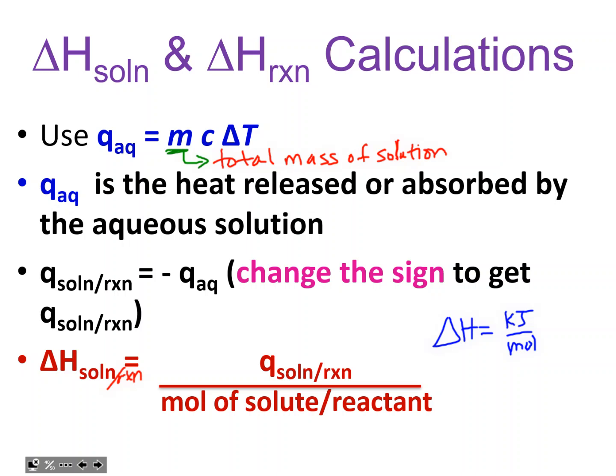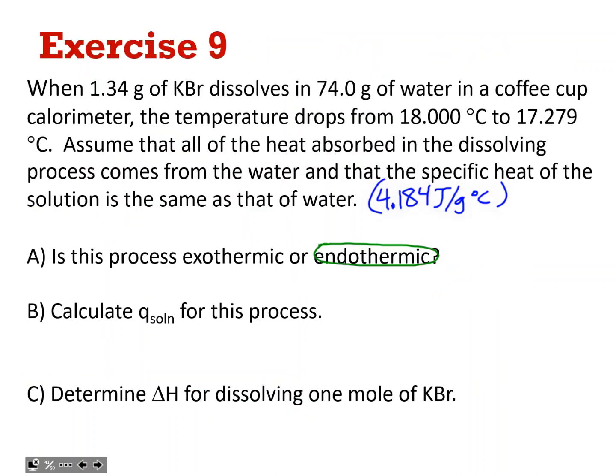So here we have to look at the total mass of the solution. I reference that because here we are adding 1.34 grams of KBr to it, and we have 74 grams of water. So our total mass of solution should be what? 75.34. Yeah, we have to add those two together. That would be what we need to do for the mass part first: add 74, not 7.4, but 74, so this is 75.34 grams of mass, okay.